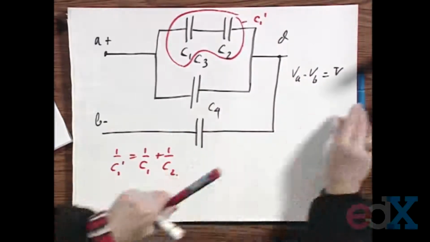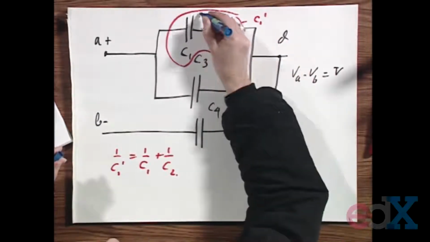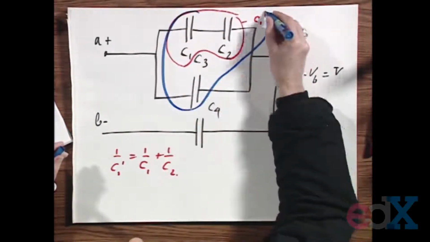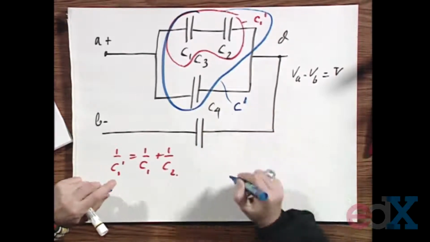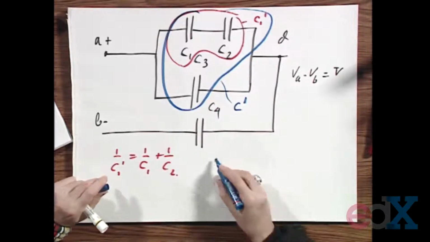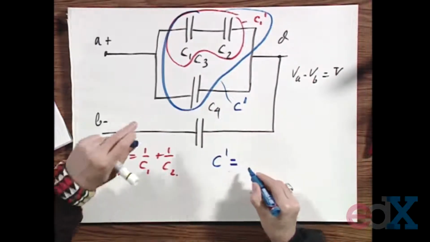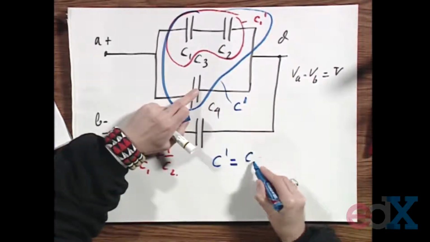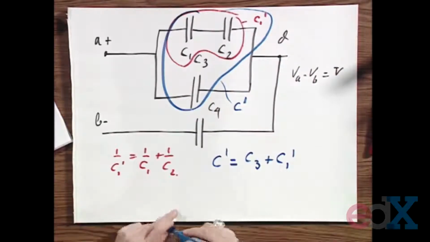And then I'm going to replace all three by an equivalent capacitor, which I will call C prime. And so we now have that C prime equals C3 plus C1 prime, which you just calculated.